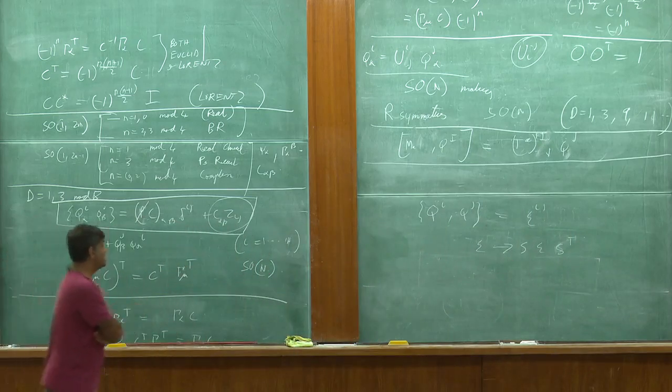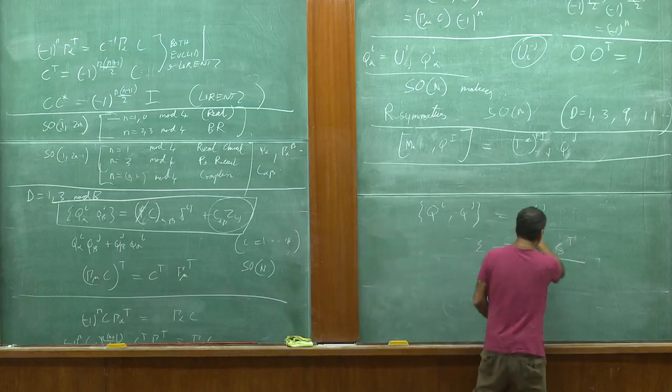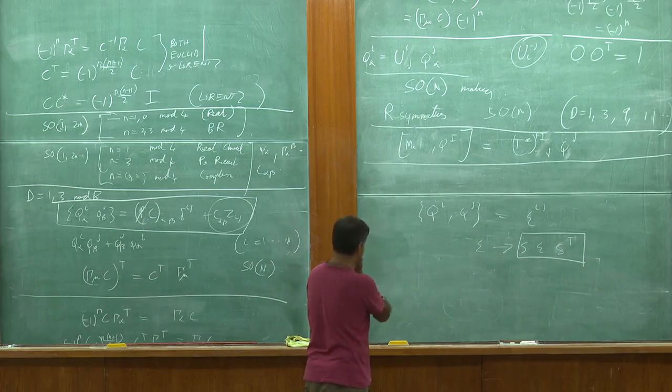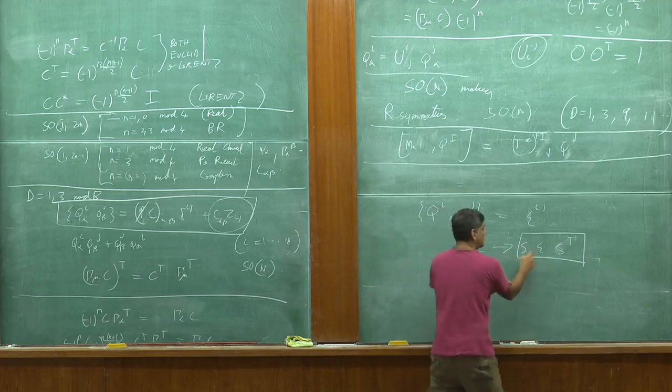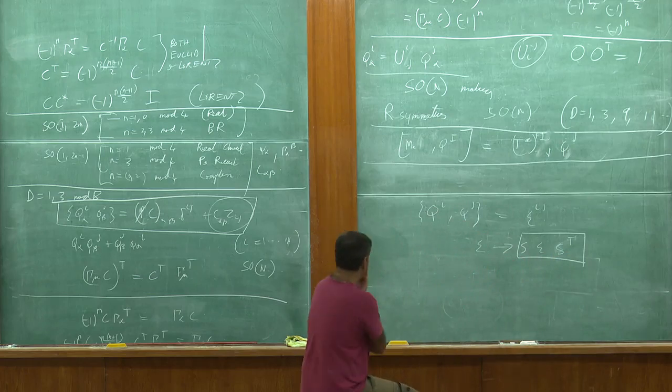Now the question is, what can you do to zeta if you are allowed to similarity transform this guy? Let's say there are similarity transformations only by real matrices, because we don't want to mess up reality conditions for Q. So we take zeta to S zeta S transpose.